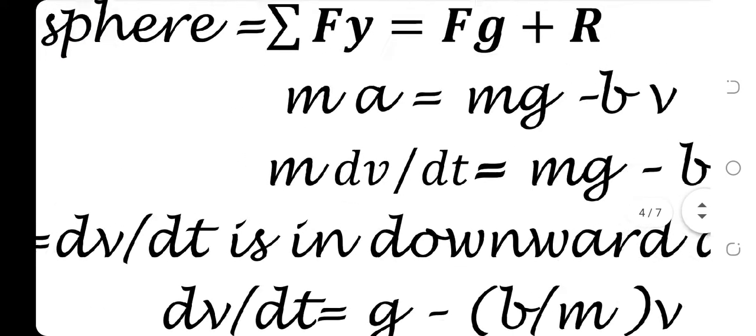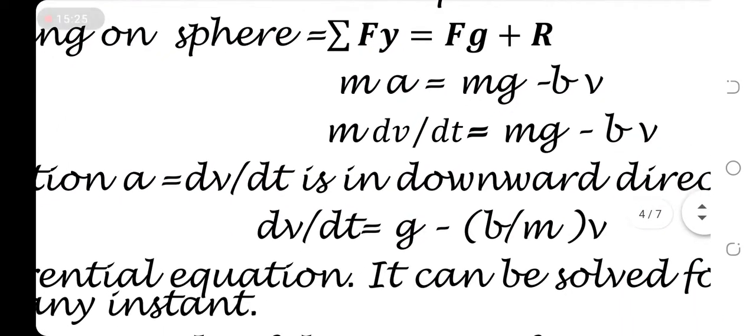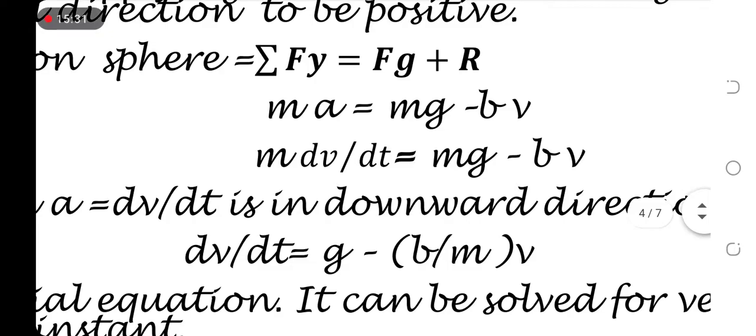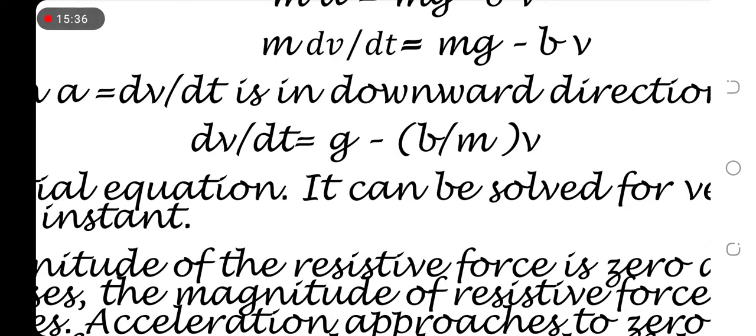So, as we know, acceleration a is equal to dv over dt in the downward direction. So we can find the relation for acceleration in terms of velocity. m dv over dt equal to mg minus bv. Taking the mass m towards the right, it will divide the whole equation.